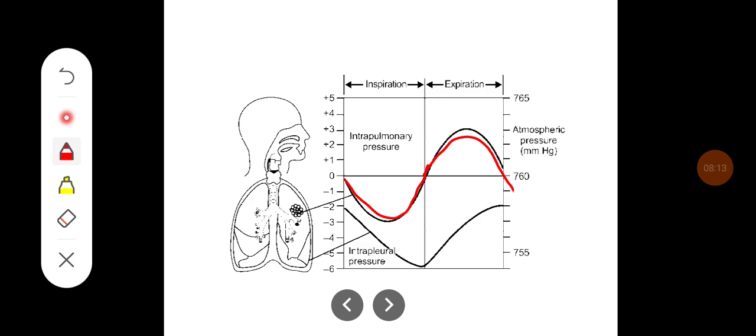But the intrapleural pressure is going to become more negative during inspiration and it reaches minus 6 mmHg at the end of inspiration, and again during expiration the intrapleural pressure becomes less negative, and at the end of expiration again it reaches minus 2 mm of Hg.